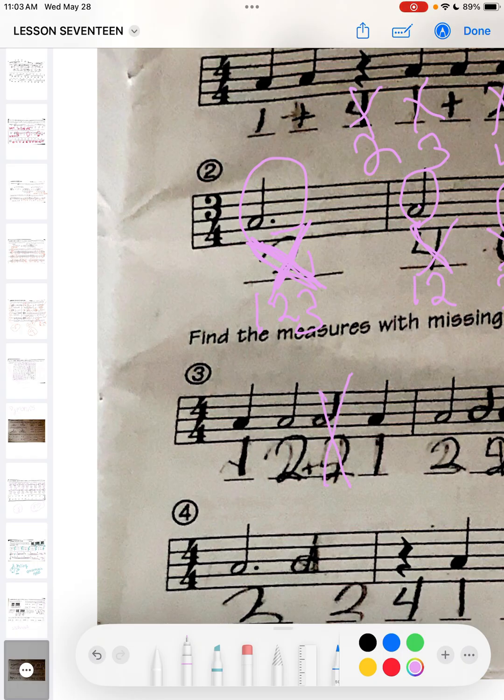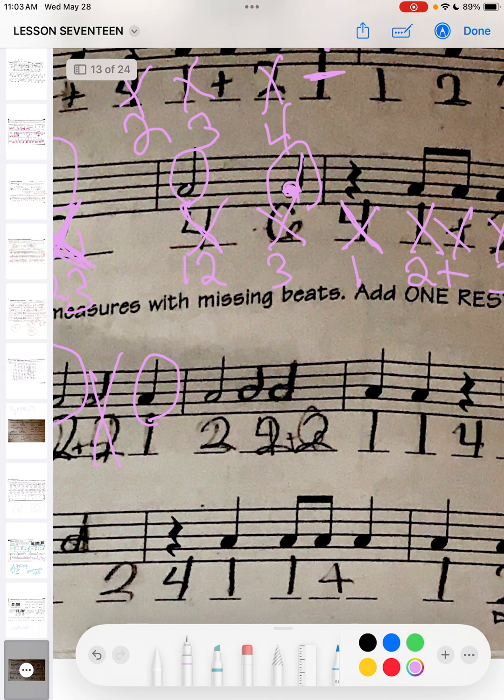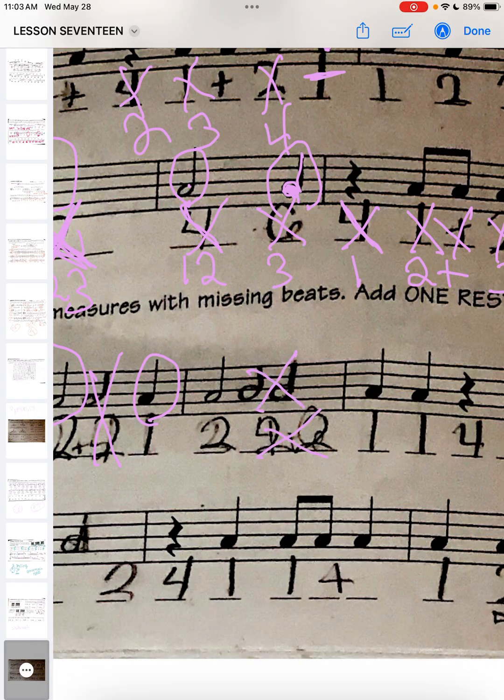Because 1 plus 2 is 3 plus 1 is 4. Okay, so these 3 would have been perfectly fine. But you had to add the rest, so... Oh, okay. The direction says to add a rest.